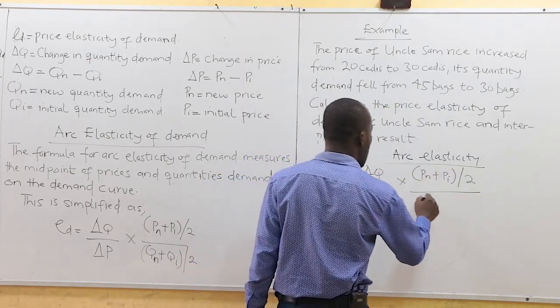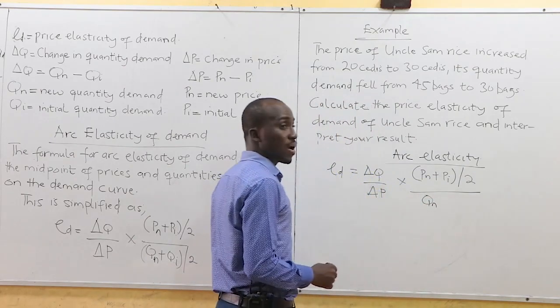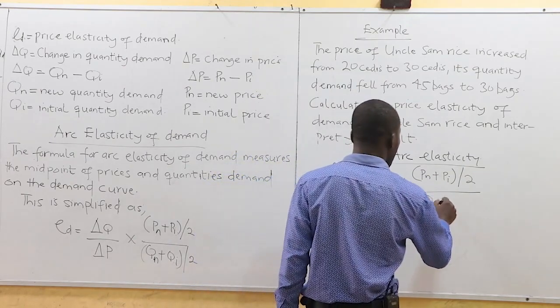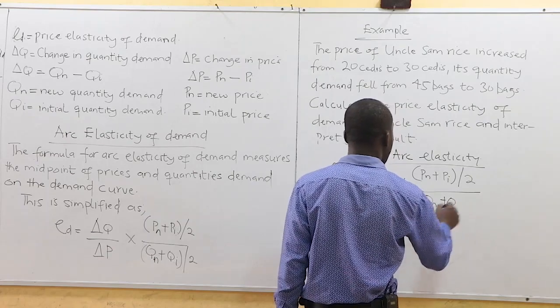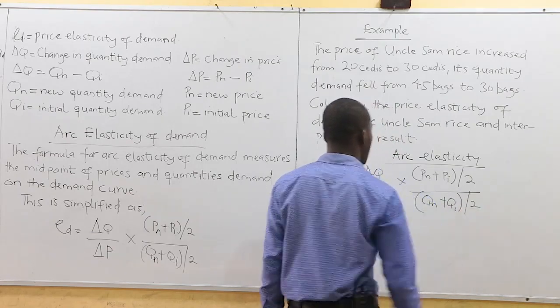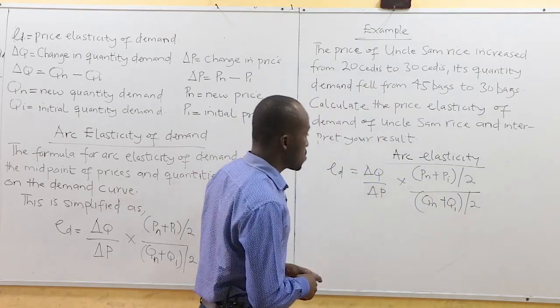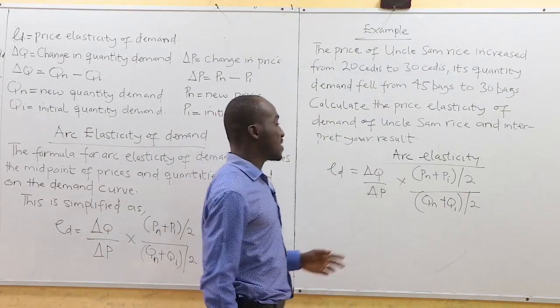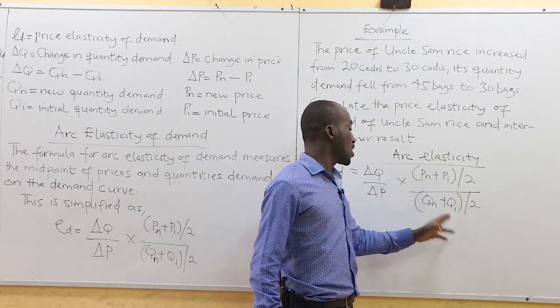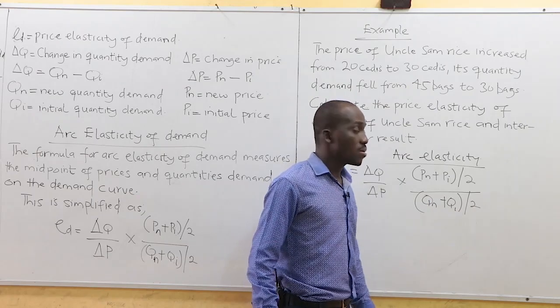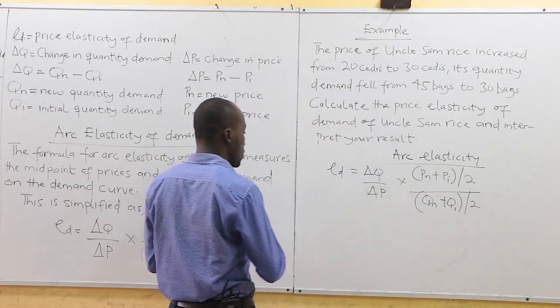Here the new quantity plus the initial quantity is divided by 2, right? So whatever, you can decide to bring the initial here, the new there, or the new here, the initial quantity there.